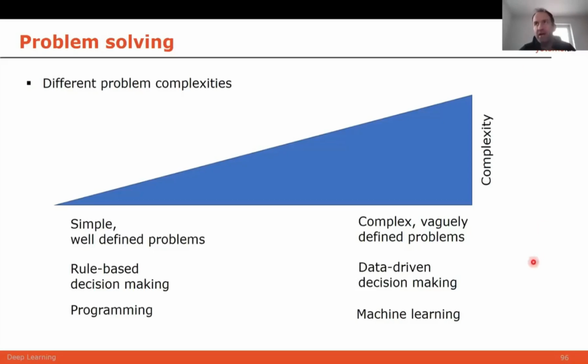While on the other hand, you have very complex, vaguely defined problems. We had such an example today, ski jumping in Planica, for instance, right? It's quite clear how to define the distance. You just look where the athlete landed, and that's a quite clear rule. But for getting style points, the rules are quite soft.